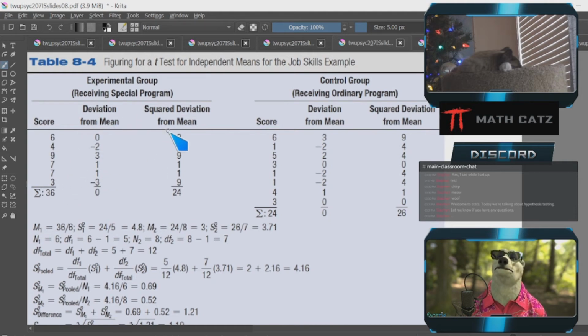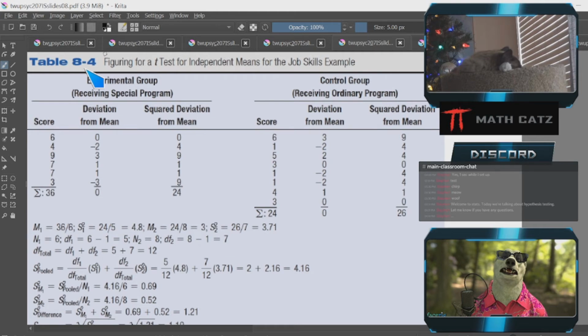Then we calculate deviation from the mean in order to get to the variance, dividing of course by sample size minus 1. The variance there is the estimate of the population variance from this group only. So variance 1.